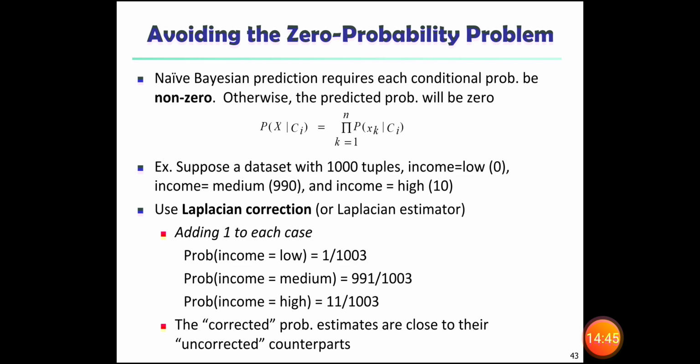This way we will calculate the probability. The corrected probability estimates are close to their uncorrected counterparts. Without any corrections, if you do the calculations, that value will be very close to this, even with the corrections. So the value will not become 0.